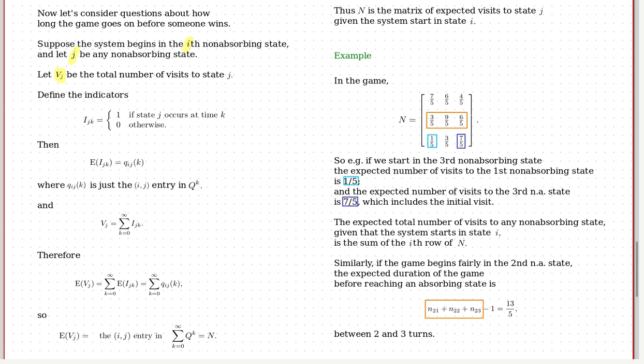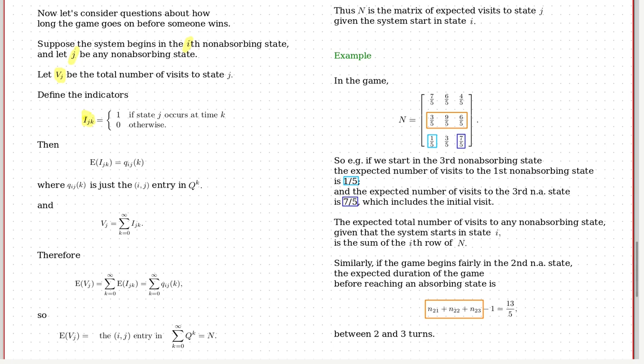So you could think of them as indicating whether some event has occurred or not, right? So if the value is 1, the event has occurred. If the value is 0, then the event has not occurred. And so I'm going to define a set of indicators I sub jk, which is supposed to indicate that the system is in state j at time k. Okay, so it takes the value 1 if that's true, and it takes the value 0 if that's false.